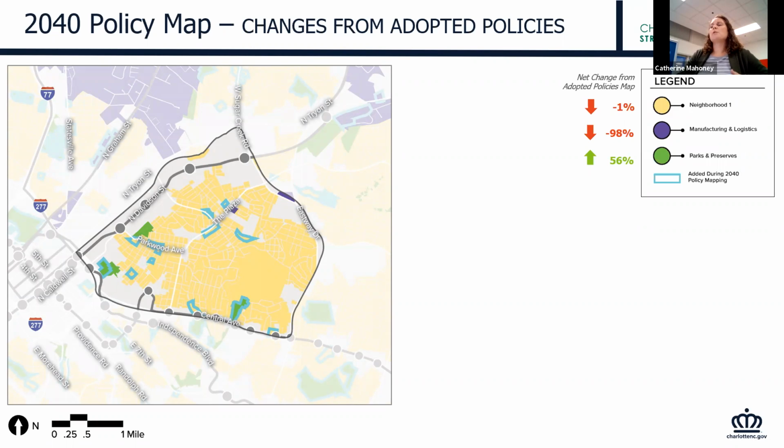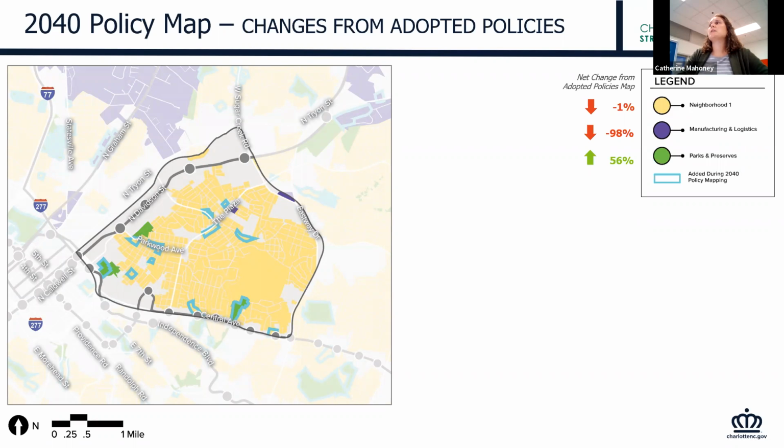So in this step, we went at a citywide level. We tried to protect neighborhood 1 that met certain conditions. For example, if there were 5 contiguous homes that were not zoned for something higher, we tried to protect those despite what some of the adopted policies might be.